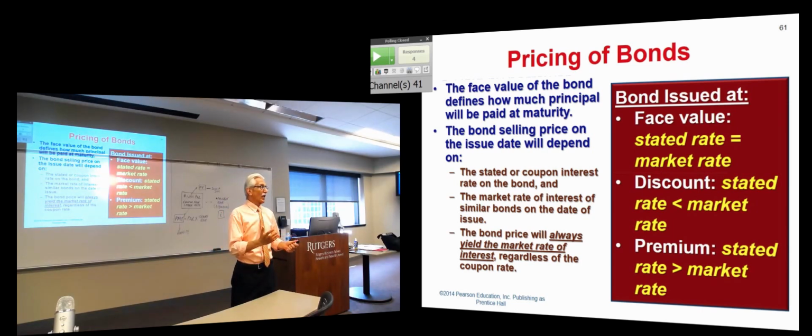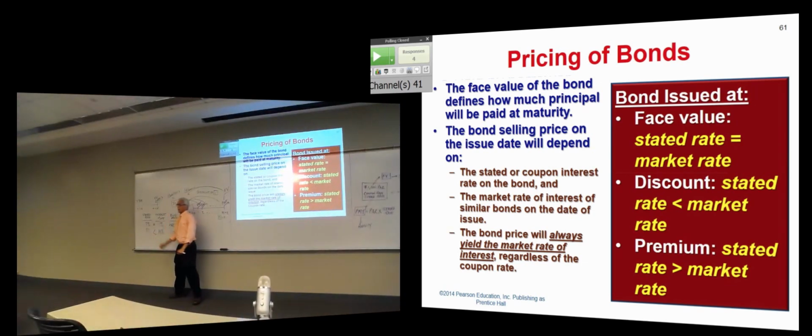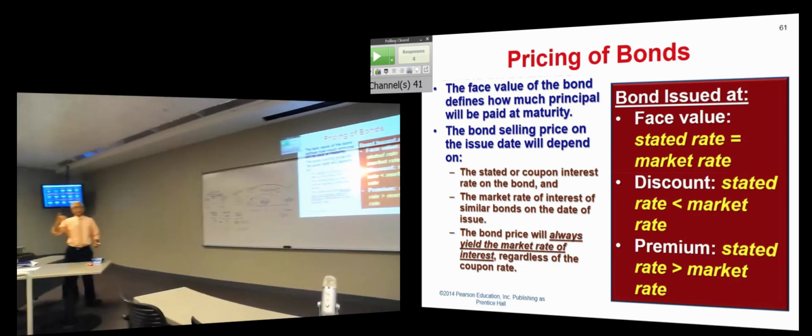The discount is interest. So that raises my cost of borrowing from 8% to 10%. I have to pay you back $1,000, even though I borrow $900. And that difference is additional interest. That additional interest expense is going to increase my cost of borrowing. And magically, it increases my cost of borrowing from 8 to 10%.